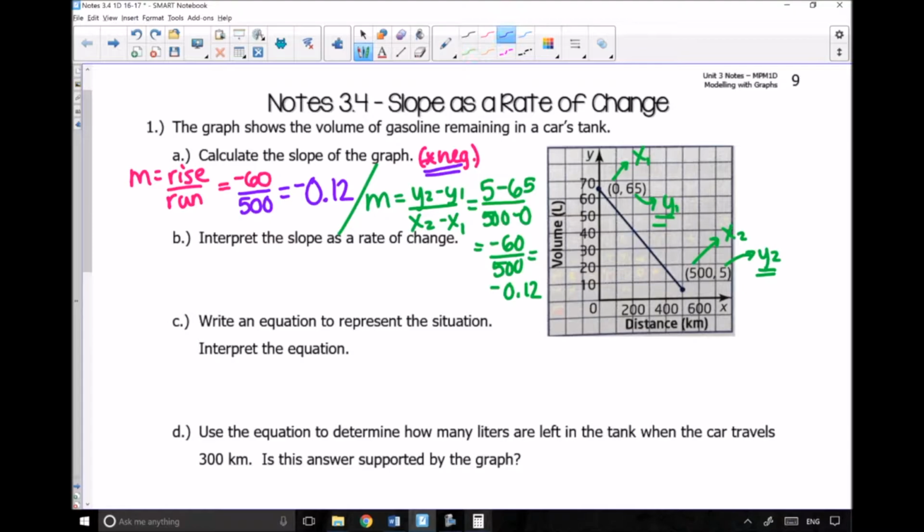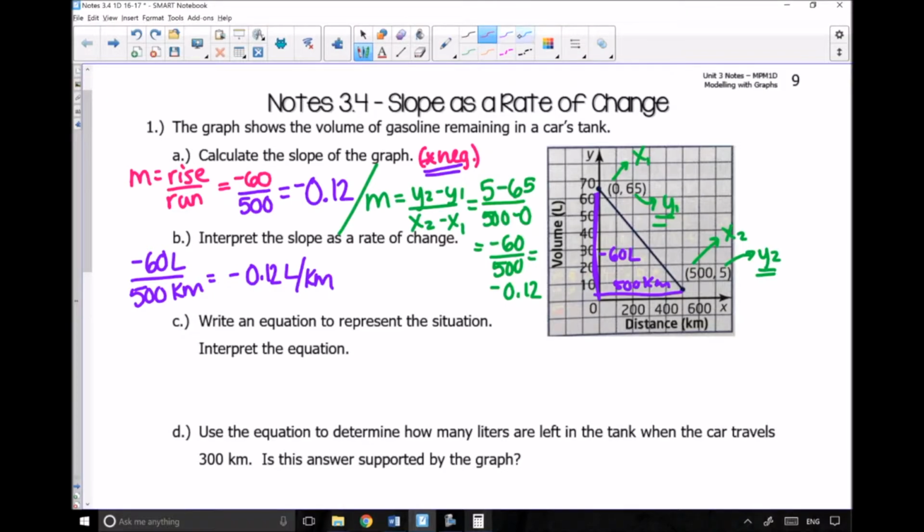But it says interpret the slope as a rate of change. So we have to understand right here that I really got negative 60 liters because this went down right here. My rise was negative 60 liters, and then my run was 500 kilometers. So this is negative 60 liters over 500 kilometers. When I divide it, I get negative 0.12 liters per kilometer. So how can I interpret this?